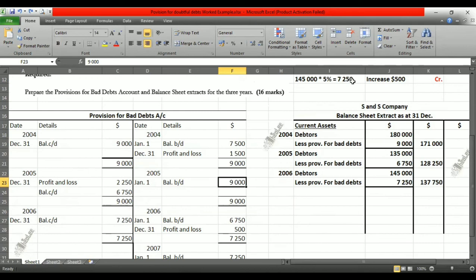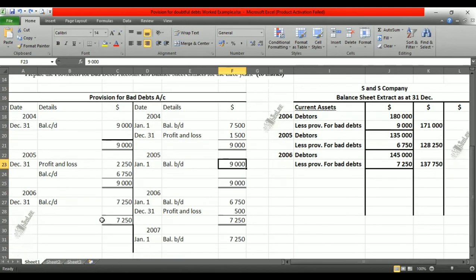Likewise, for 2006, your balance is 7,250 based on your calculation. And coming out of 2006, in your provision for bad debts account, you're seeing that the balance brought down is $7,250. So there you can double check if your provision for doubtful debts account is actually correct.